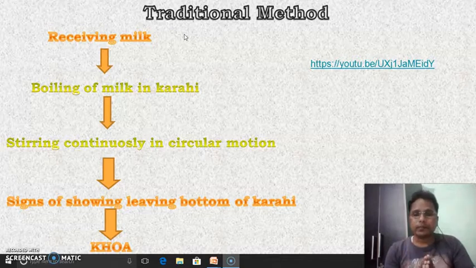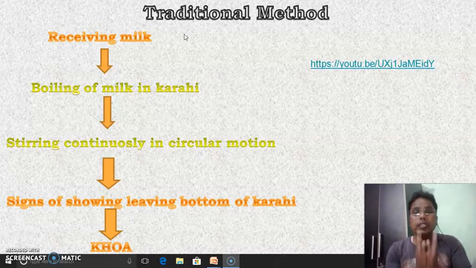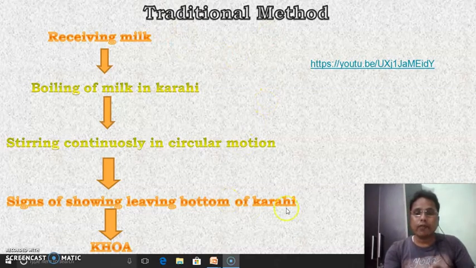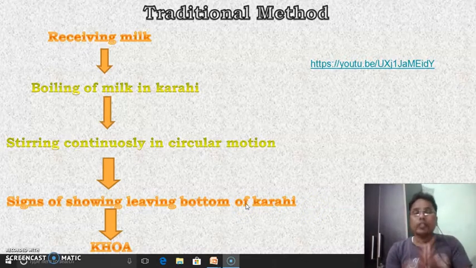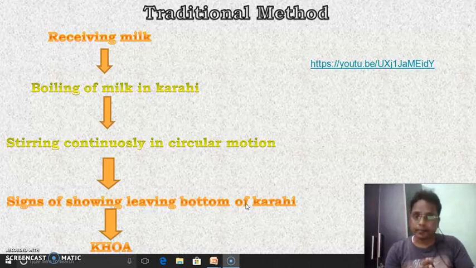And by this way, by continuously stirring and scraping, the milk thickens, and it shows the signs of leaving the bottom of the karai. So this is the final step, the sign that the khoa is now ready. So this is the traditional method, and by this way the khoa is prepared at home.